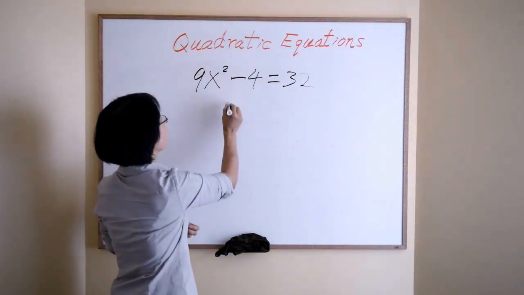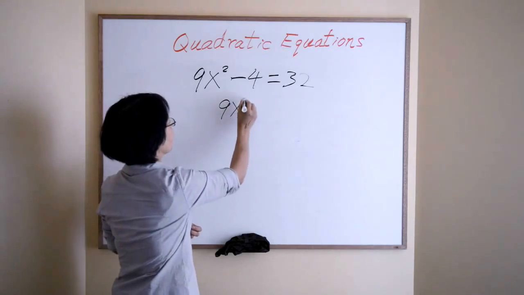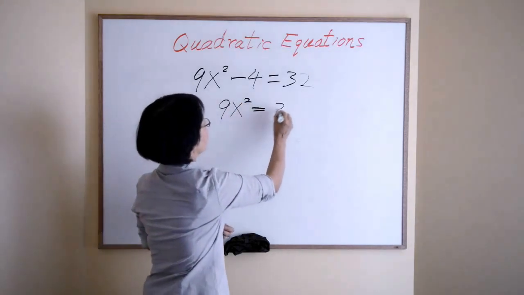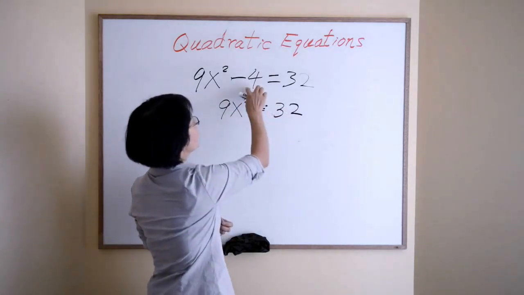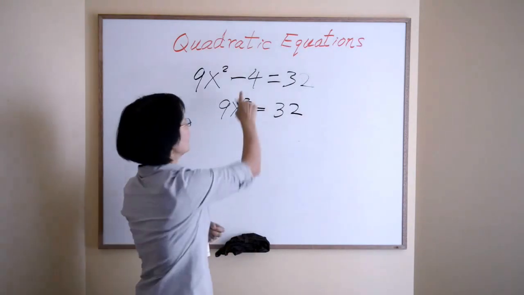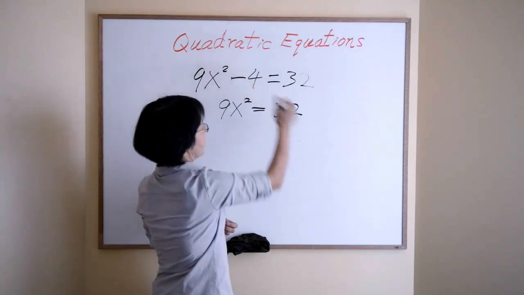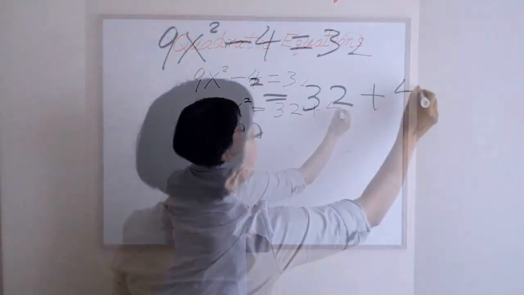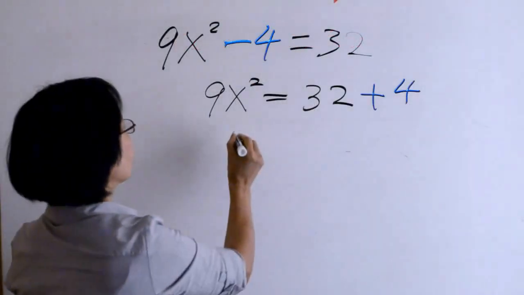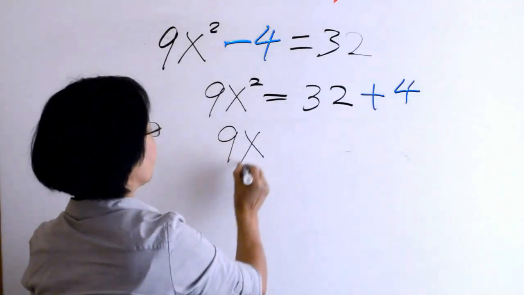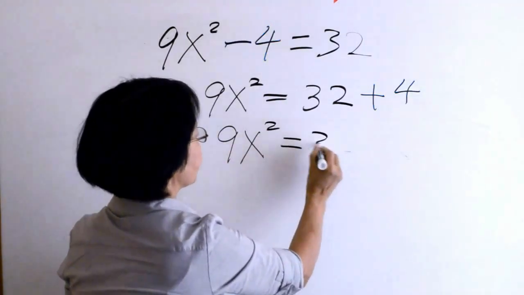So this is how you do it. You say 9x squared equal to 32, and you move this 4 over. When you move something over, just like crossing a river, you change signs, remember that. So it becomes plus 4. Right now we have 9x squared equal to 36.